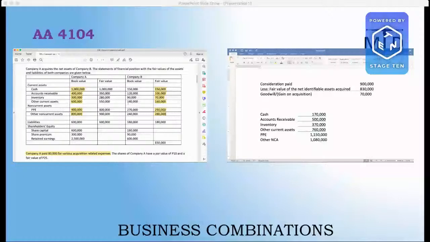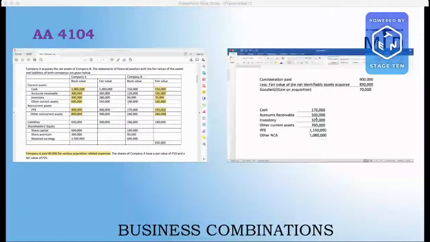Now, supposedly, we've already computed all the amounts, class. Okay, how much is the combined cash? 170. How much is the accounts receivable? 500. How much is the combined inventory? 370. 760, 150, and 1,080,000.